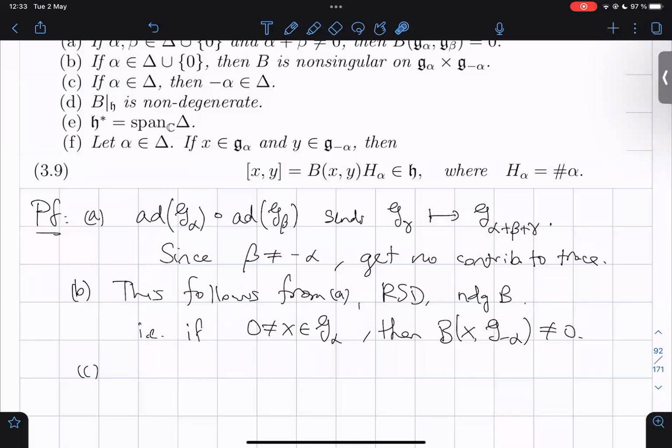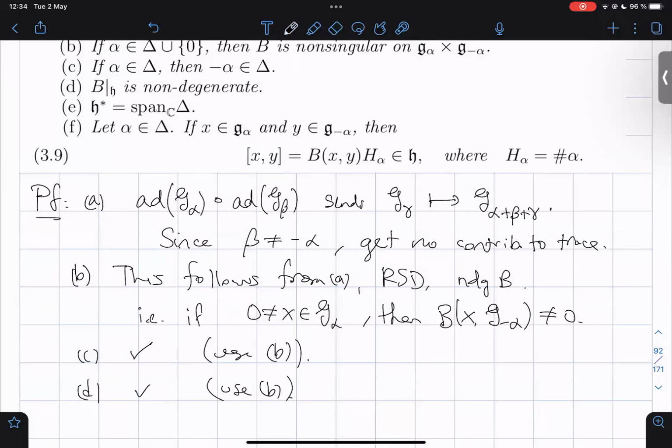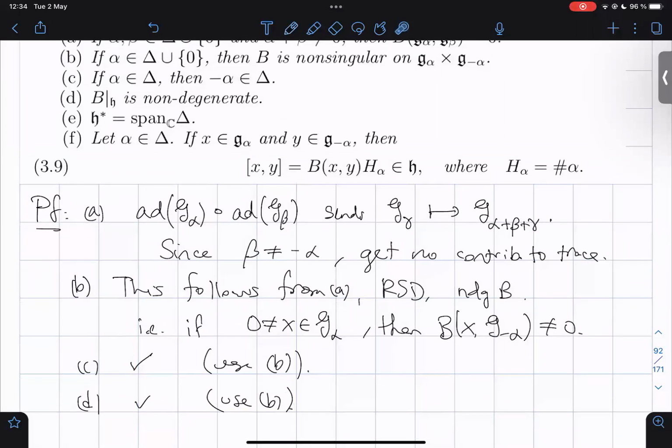If alpha is a root, then minus alpha is a root. This is a direct consequence of B, because to say that minus alpha is a root is to say that this space is non-zero, and that's exactly what we have from B. D is also a direct consequence of B. Namely, in this case, you're using that alpha would be 0.